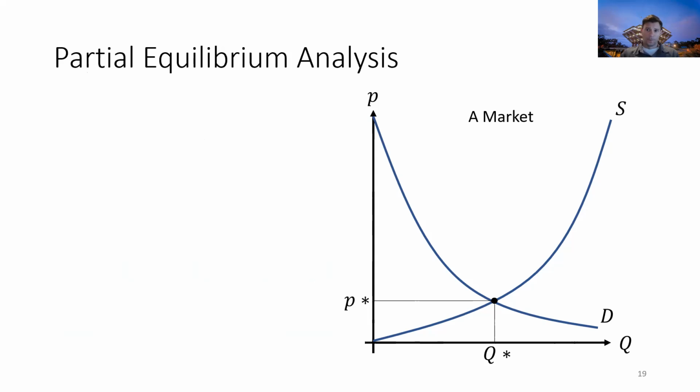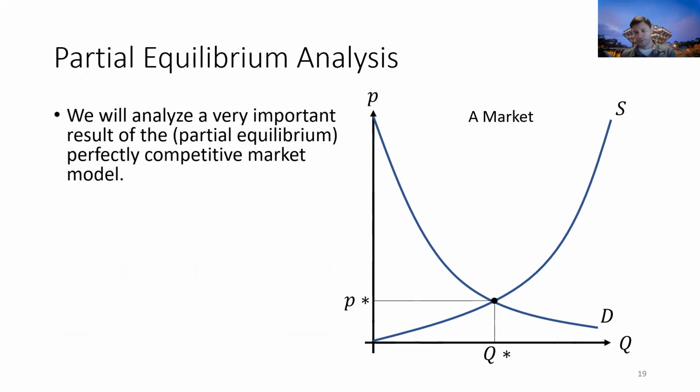Okay, so what we want to do moving forward, and we're going to get to this likely on Tuesday of next week, is we want to understand that the equilibrium in this competitive market model has a very nice property.